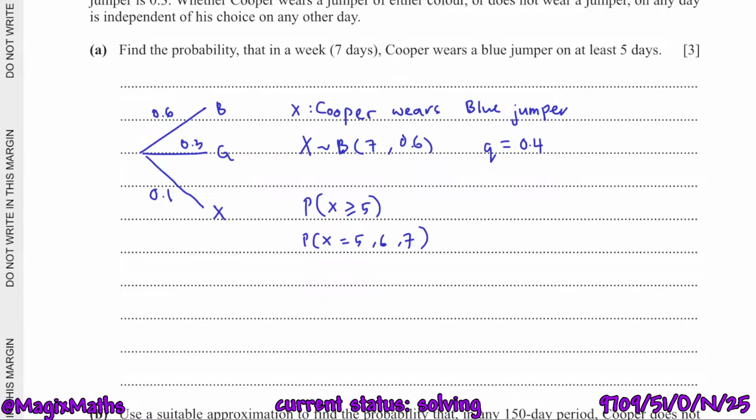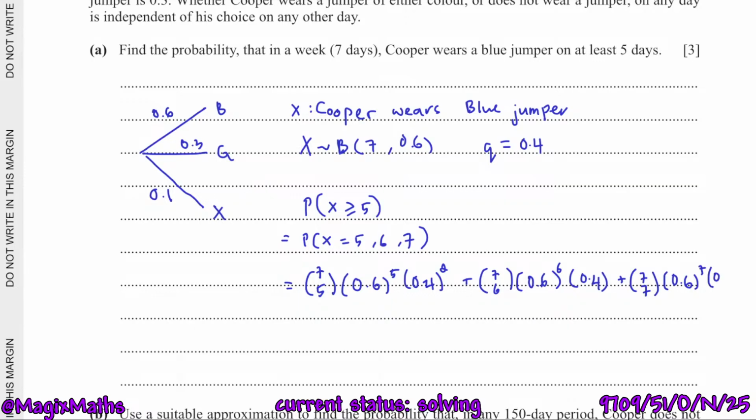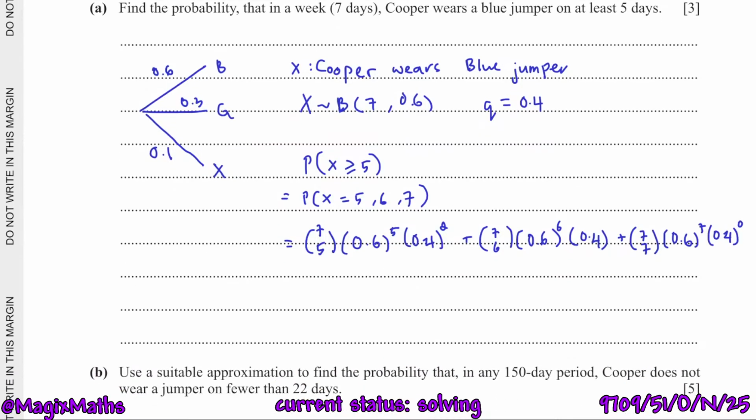So then we have 7 choose 5 times 0.6 to the 5 times 0.4 squared, plus 7 choose 6 times 0.6 to the 6 times 0.4. Okay, then we just put that into our calculator.